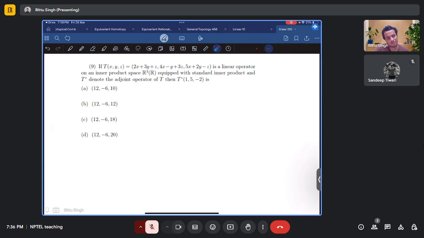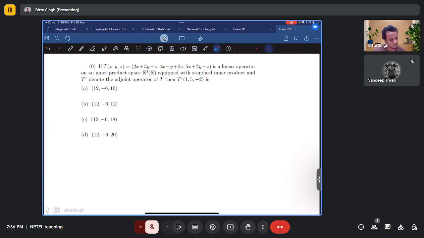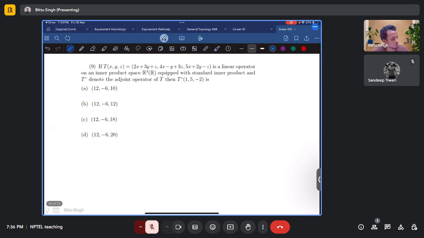Even if you choose a different basis, you will get the same answer. We'll choose the easiest basis for our purpose. It may not always be the standard basis, but in this case, the standard basis will be used.